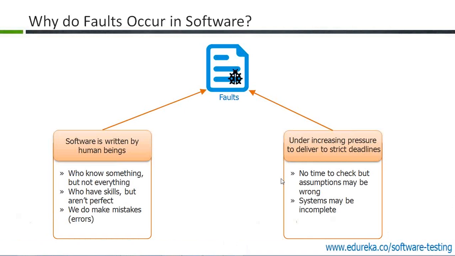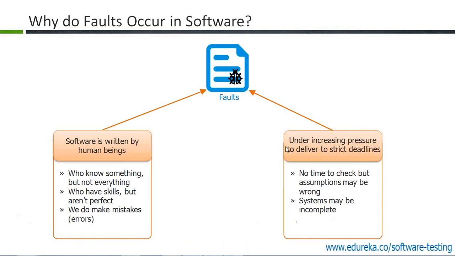So what would happen? Drastically your timelines are reduced, and you will have to work like anything. He would say, okay, cut down this functionality, cut down that functionality, let this functionality go for the next release, but let's release this within 3 months. So due to the pressure and strict timelines, there are always chances where software can encounter some kind of fault or error.